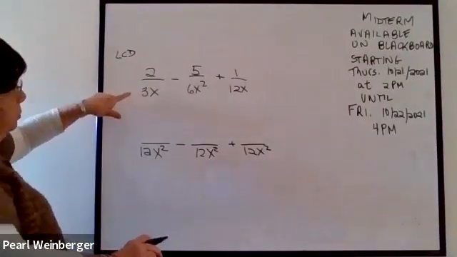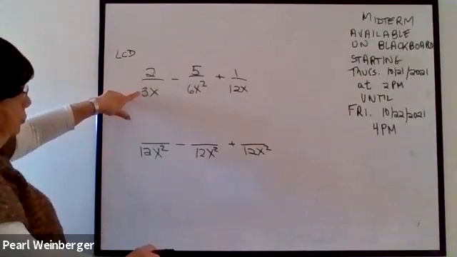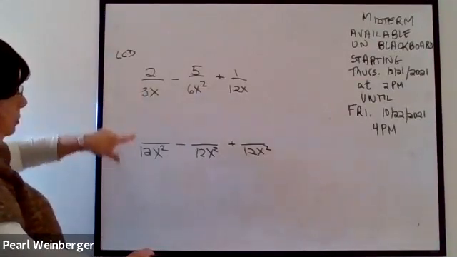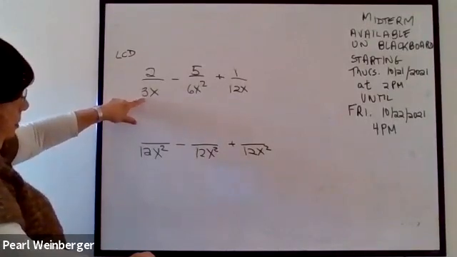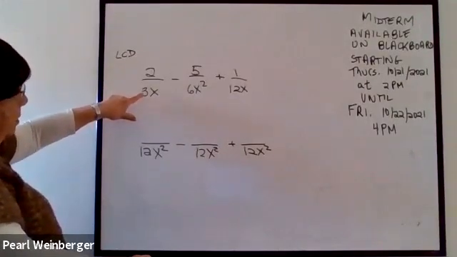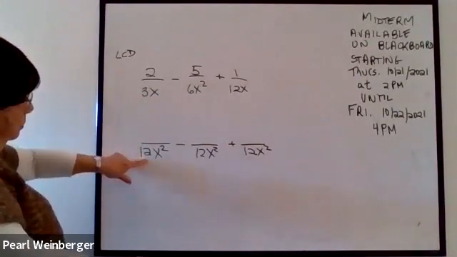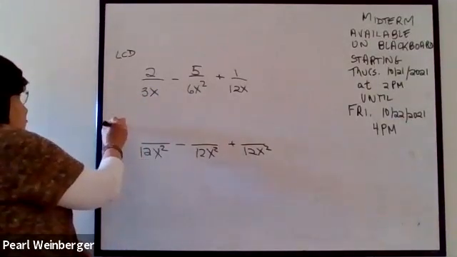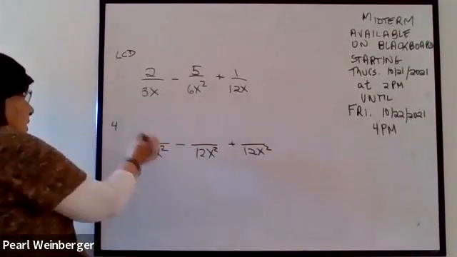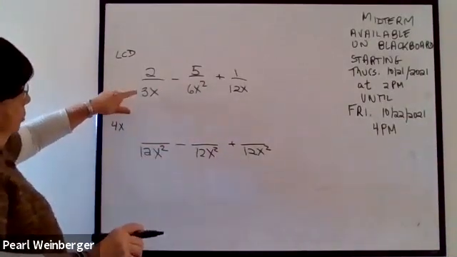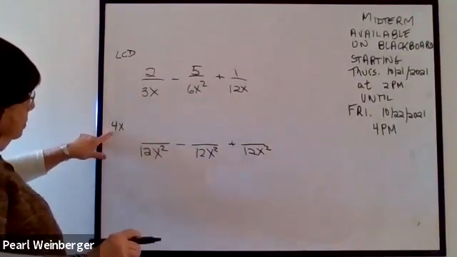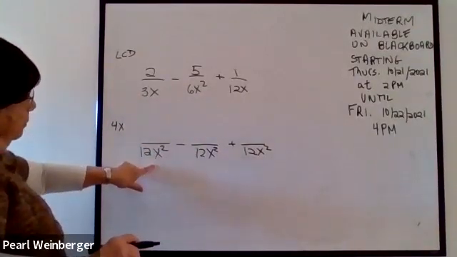So here's what we do. We divide the original denominator into the LCD. And I do that by dividing part by part. The numbers into the numbers. 3 into 12 gives me 4. x into x squared gives me x. In other words, 3x was multiplied by 4x to get the 12x squared.